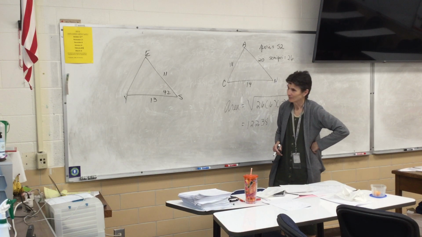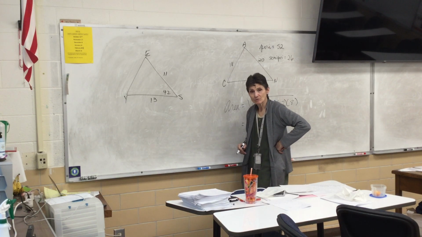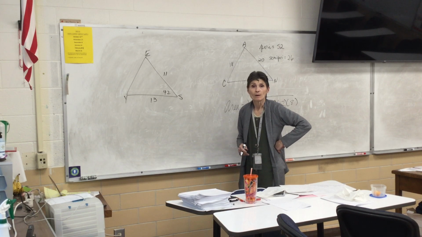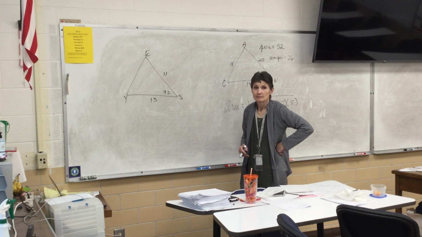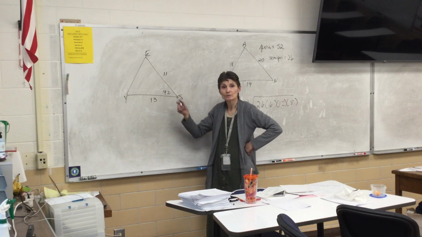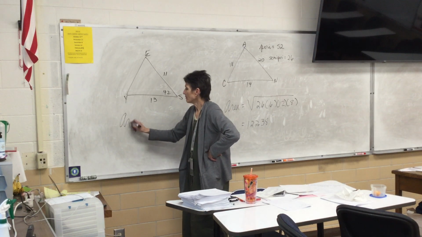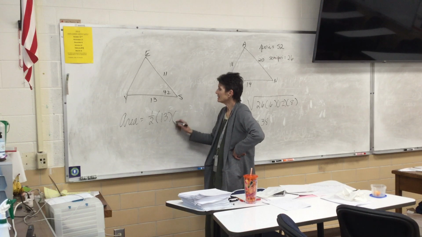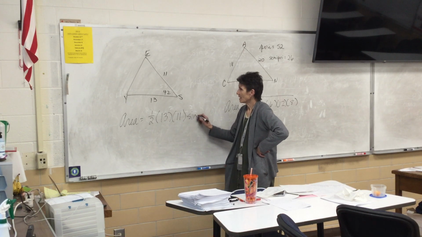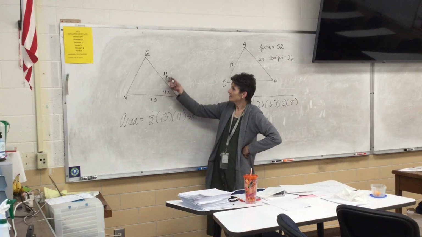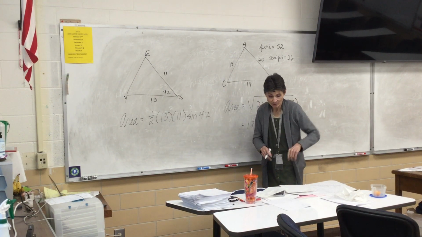Okay, so here we go. To find the area of that triangle, we're going to do what? Well, I hope you noticed we have two sides and an included angle. So the area will be 1/2 side times side times sine of included angle.